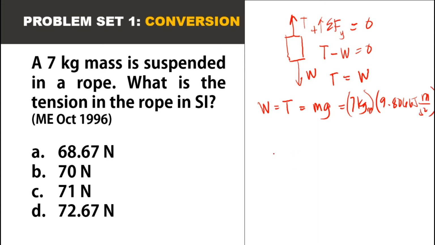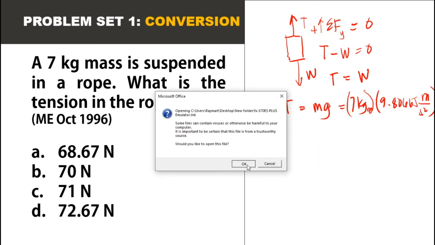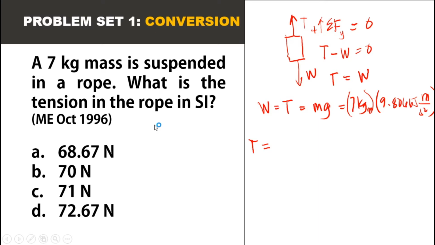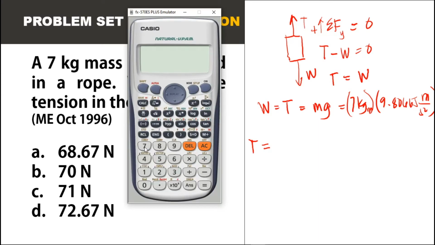So we have the weight, or the tension, equal to 7 times 9.80665.